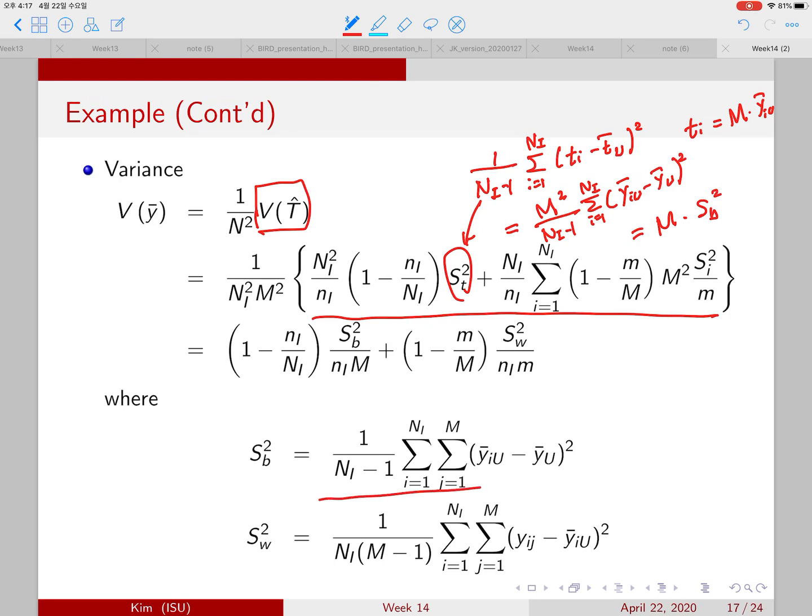So that is basically SSB divided by its degrees of freedom in the ANOVA table. Similarly, you can check that the second term is SS within divided by its degrees of freedom, N(M minus 1). Okay, so this is just the algebra.